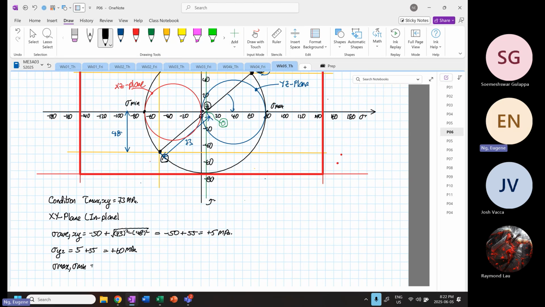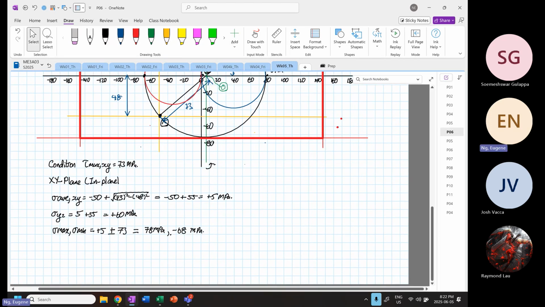So the center of circle is positive 5, and the radius is 73. So this is positive 5 plus and minus 73, right? So 5 plus 73 is equal to 78 megapascal. And then our stress minimum is 5 minus 73, which is minus 68 megapascal.